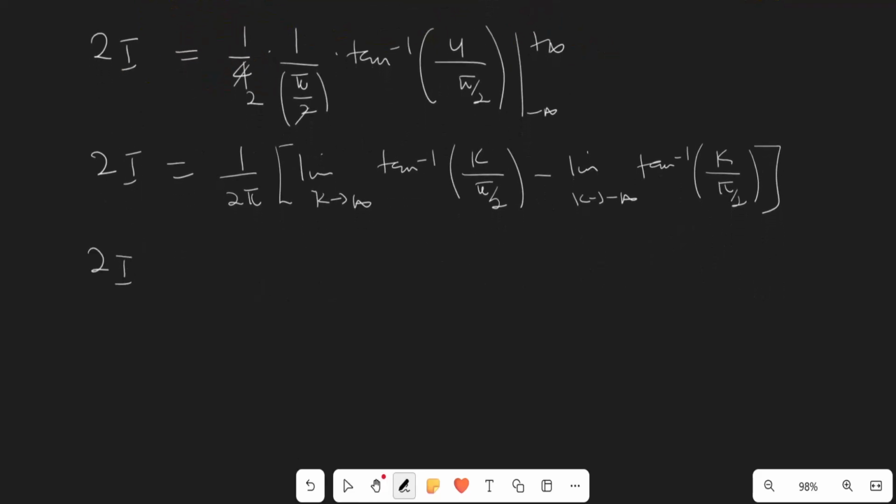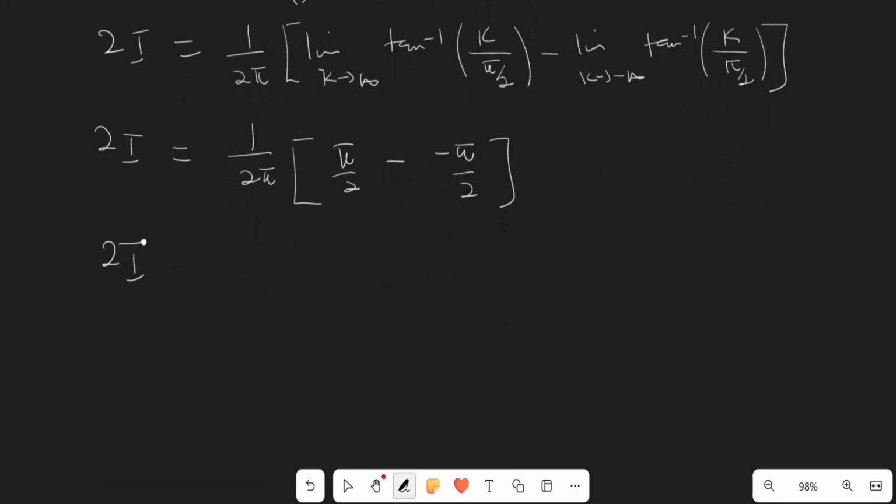So 2I is going to be 1 all over 2 pi. As k is approaching infinity, tan inverse of k over pi over 2 is going to be approaching pi over 2, minus, as k is approaching negative infinity, tan inverse of k over pi over 2 will be approaching negative pi over 2. So minus negative pi over 2, like that.